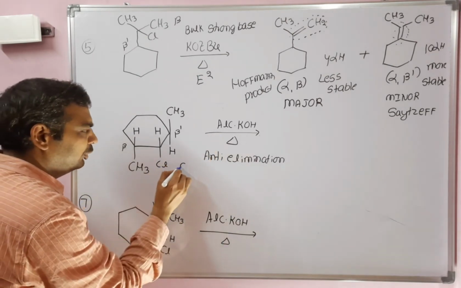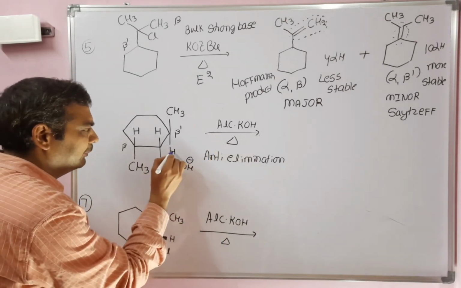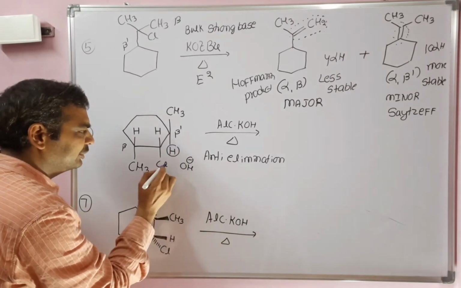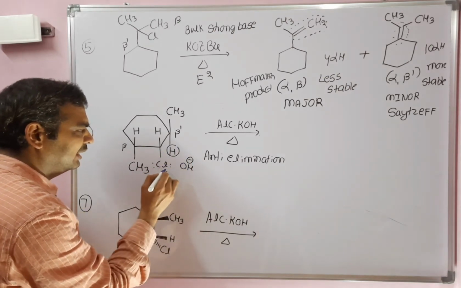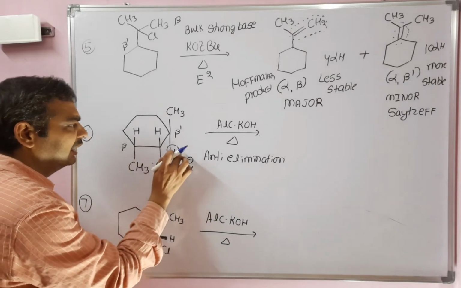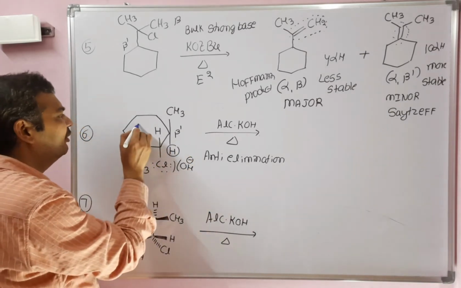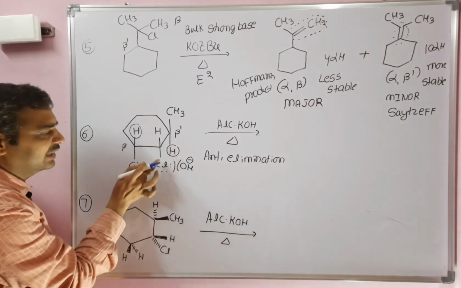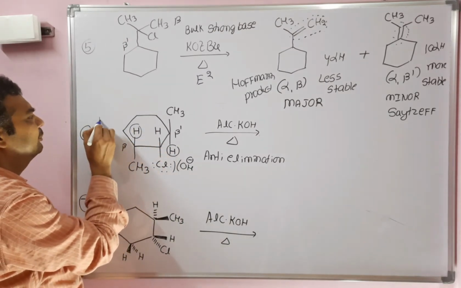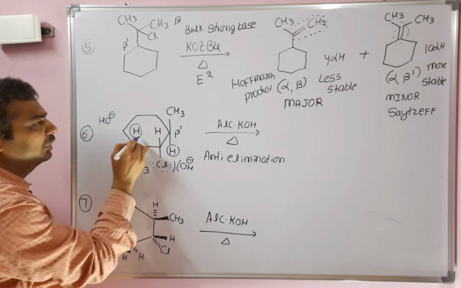If OH minus is trying to abstract a proton here, there is some steric crowding with this lone pair and this lone pair. So abstraction of this proton is not possible, because this is the same side. Whereas here, this is the opposite side, the anti-position, so OH minus can easily abstract a proton here.